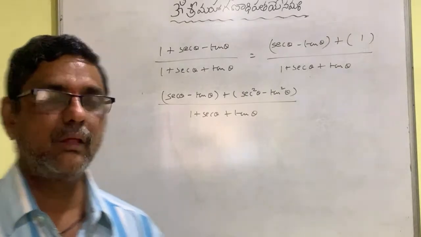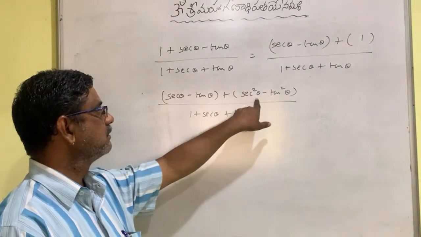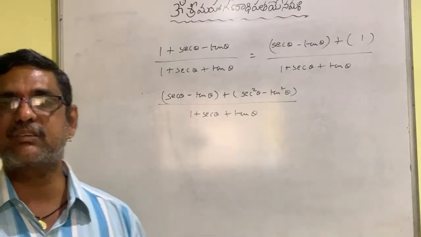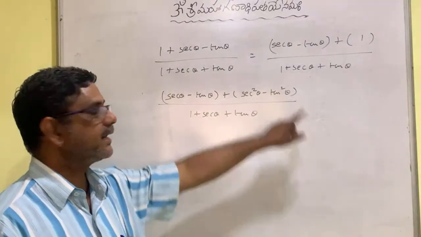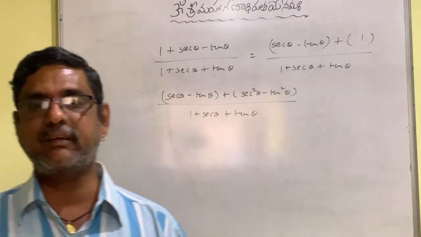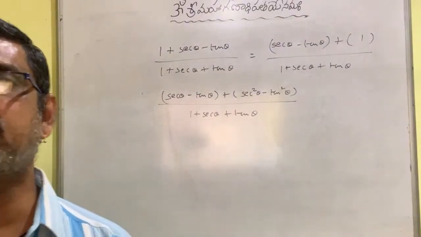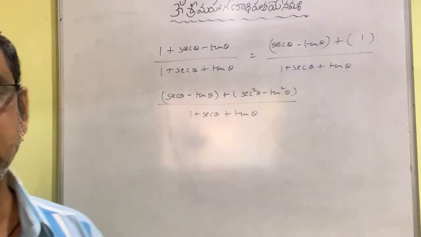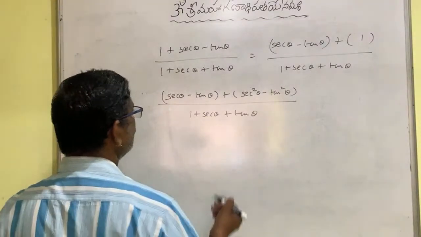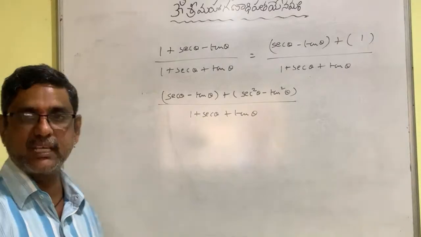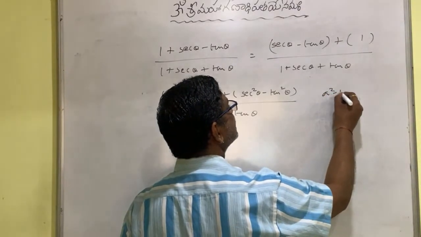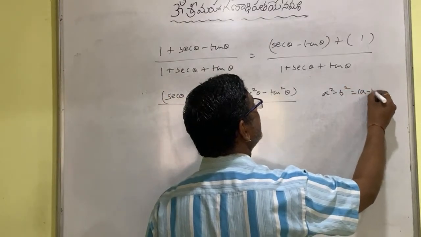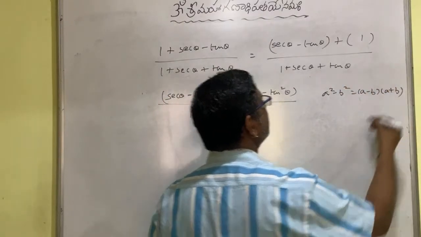Now, if you see this one is in the form of a square minus b square. Secant square theta minus tan square theta is nothing but a square minus b square, which you can write a plus b into a minus b. Is that right? A square minus b square, you can write it a minus b into a plus b.